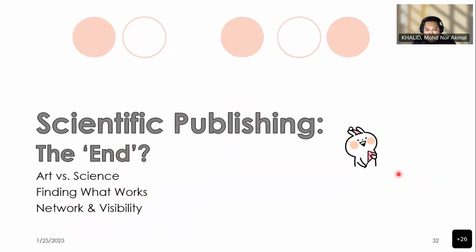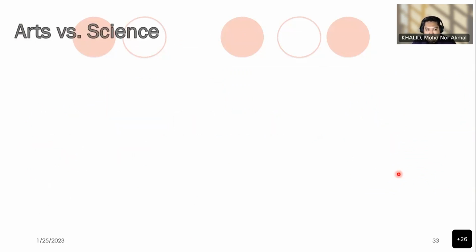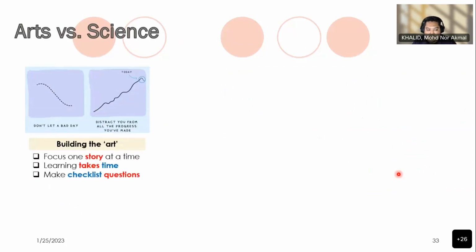So finally, when you are able to publish, you have to remember that publication is an art versus science. Sometimes it requires some time and learning for you to improve, and you have to make a checklist to check everything that you have done. Sometimes, from the successful cases, you can make a kind of template for publishing in the future.